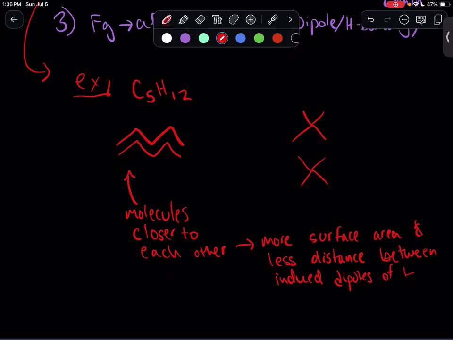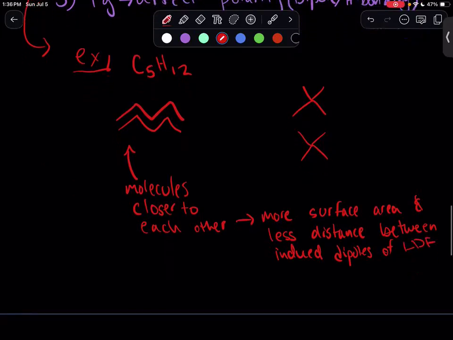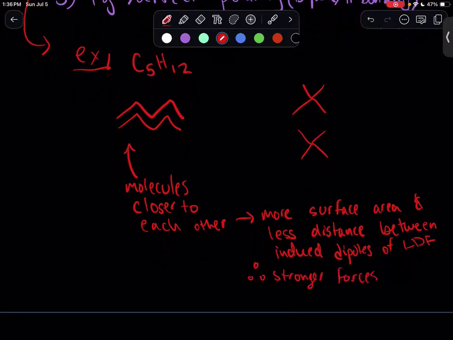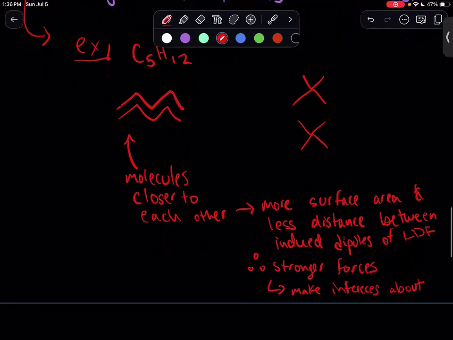These are London dispersion forces. And because of that, we have stronger forces, and from that we can also assume a higher boiling point or higher melting point, and less volatility. So we can therefore make inferences about properties.